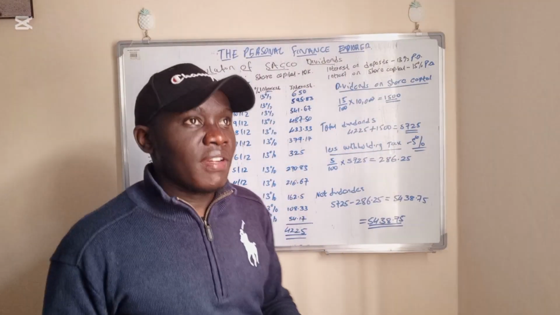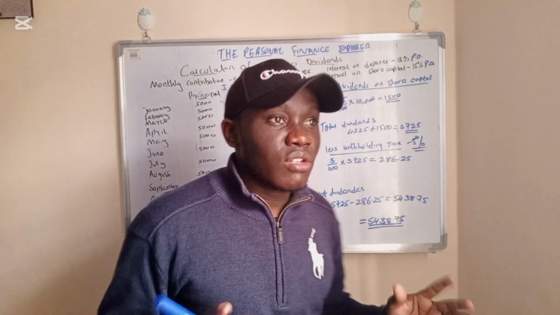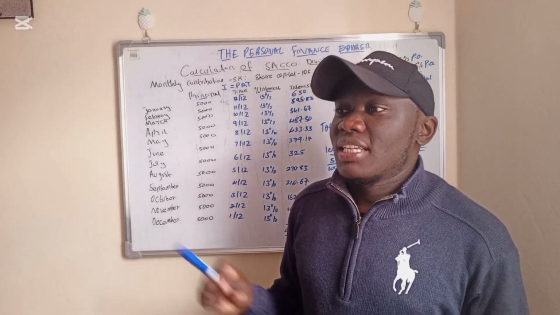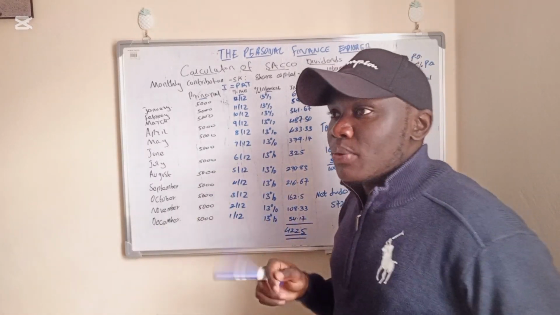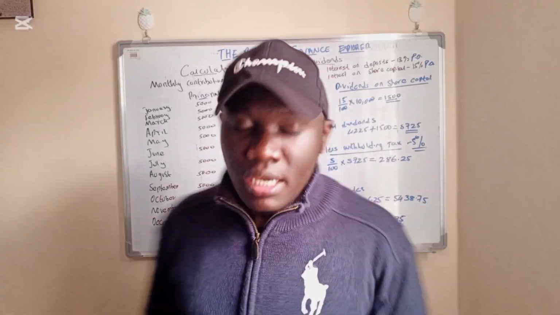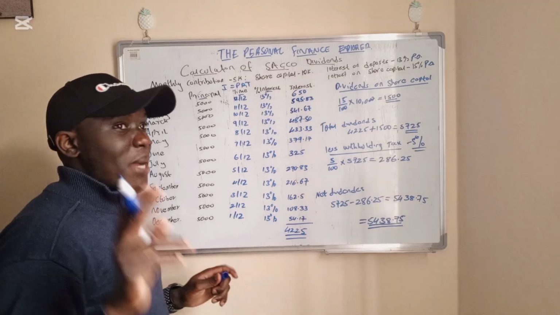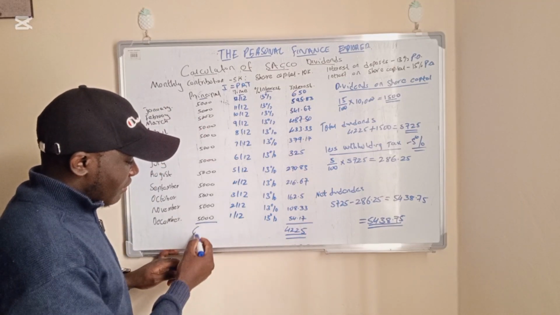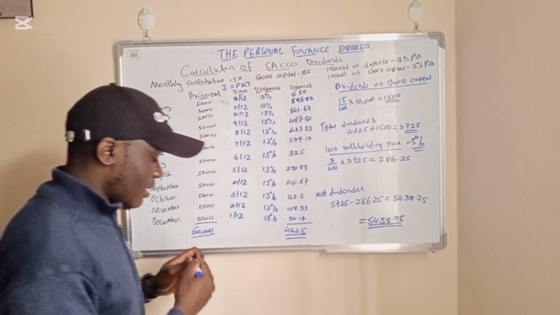The only odd thing I find with the SACCO is that it does not have liquidity. That is the major issue that I find with a SACCO. You have been contributing 5,000 per month, so at the end of the year, in December, you have a deposit of 60,000.